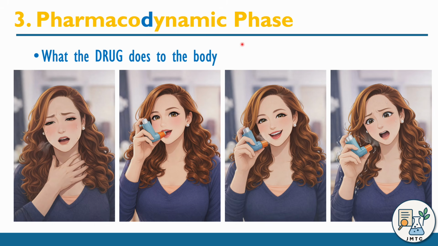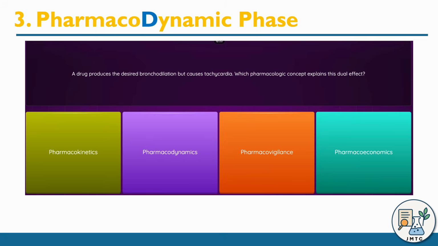So as you can see, pharmacodynamics do not only involve the beneficial effect but also the side effects. This is the common mistake in our previous quiz where you're asked: a drug produces the desired bronchodilation but causes tachycardia.